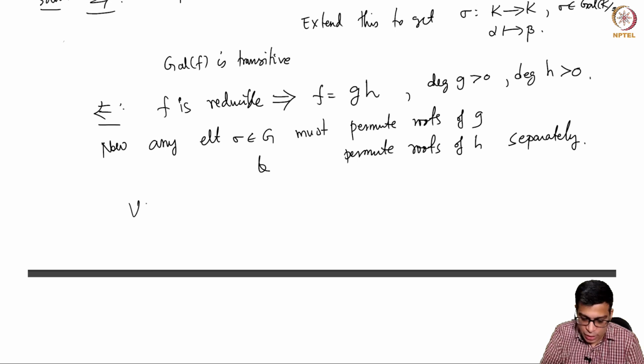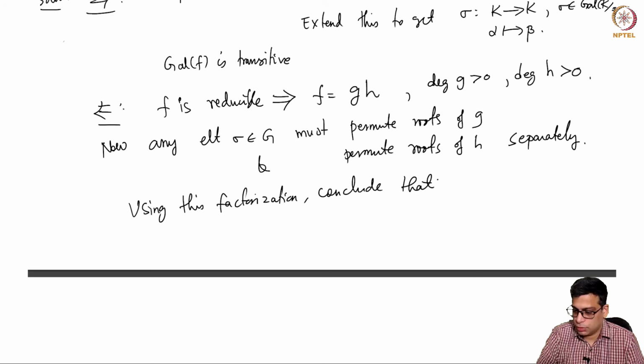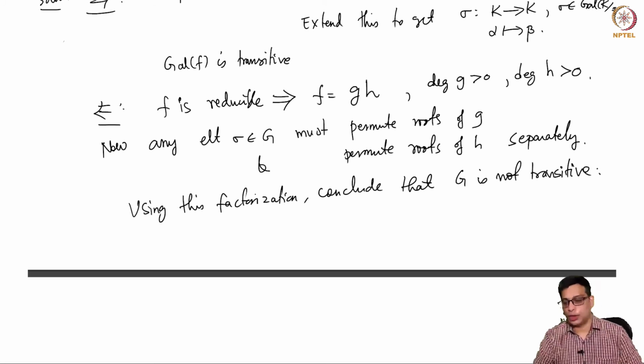Using this factorization, conclude that G is not transitive. So there is a root that you cannot permute.